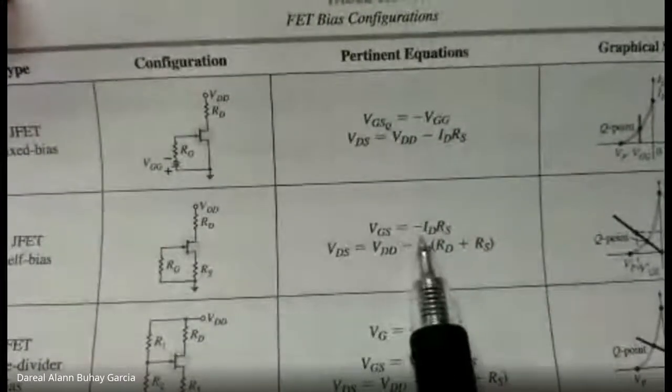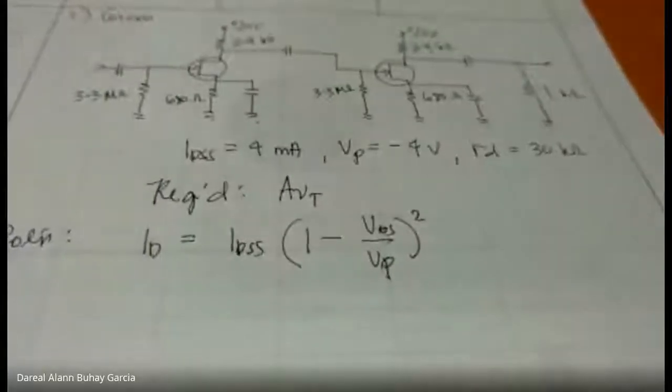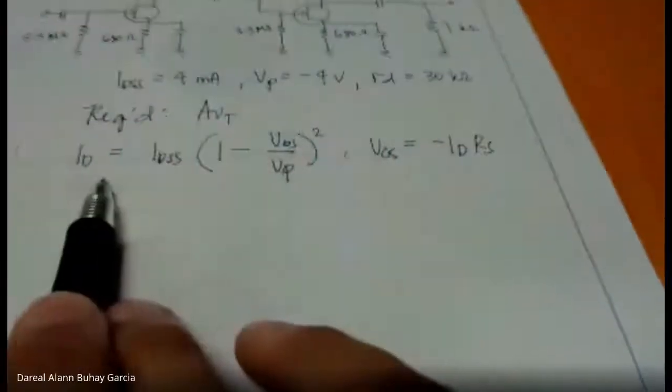VGS is negative ID RS. Where VGS is negative ID RS. Plug na ito dito. VP is -4, IDSS is 4 milliamperes. Let ID be equal to X. X is equal to 4 milli.